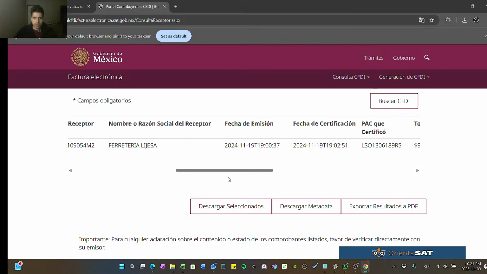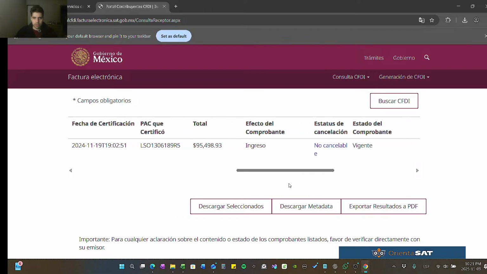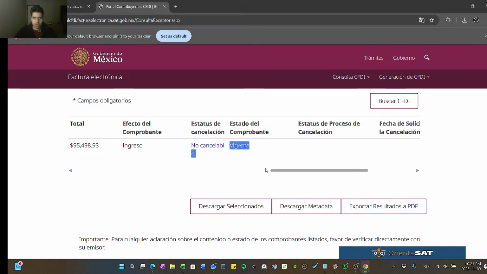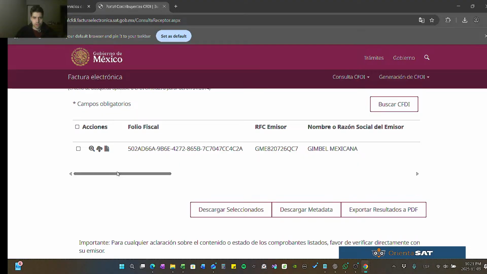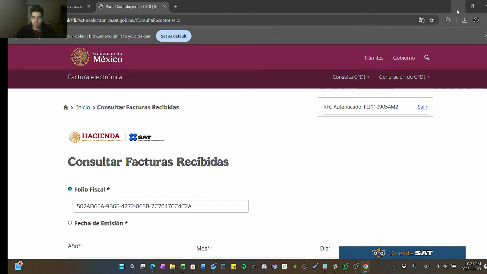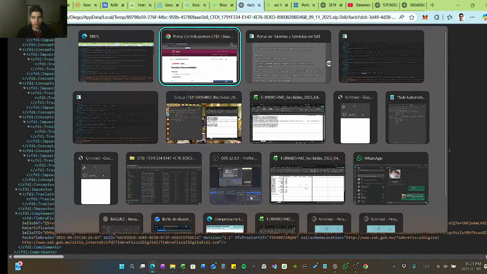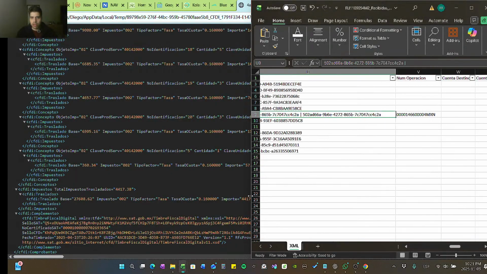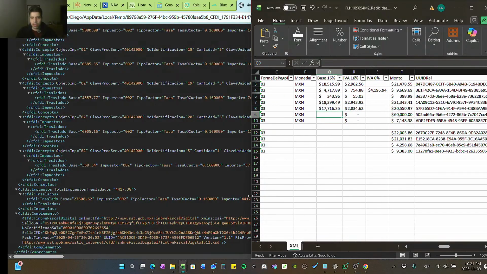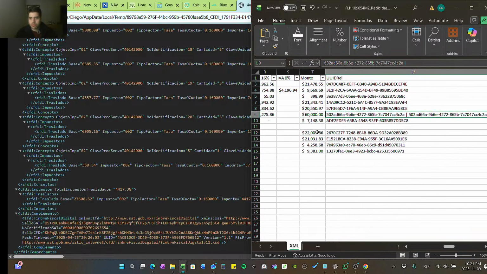Let me see if this is a canceled invoice or no, it's a valid one. Okay. So for now I will just assume that, I'm pretty sure that I will have to make some changes later on. Okay.